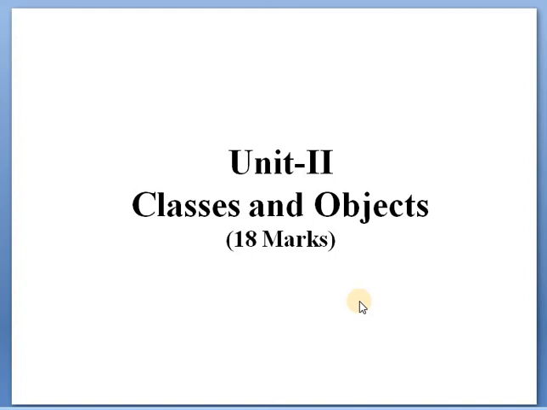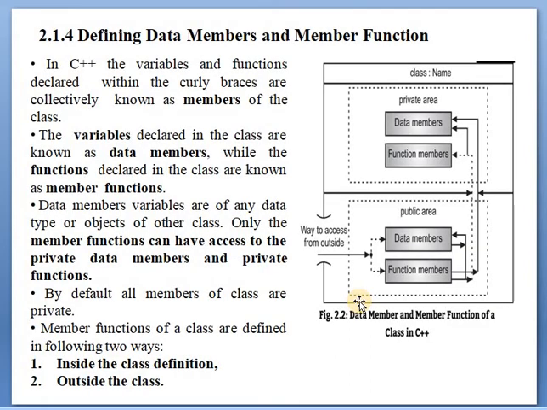So in a previous session we have studied the introduction, the specifying of class, declaration of class, what is object, how to create object, and access specifiers, that is visibility modes in C++. In today's session we will see the next point, that is defining data members and member function.